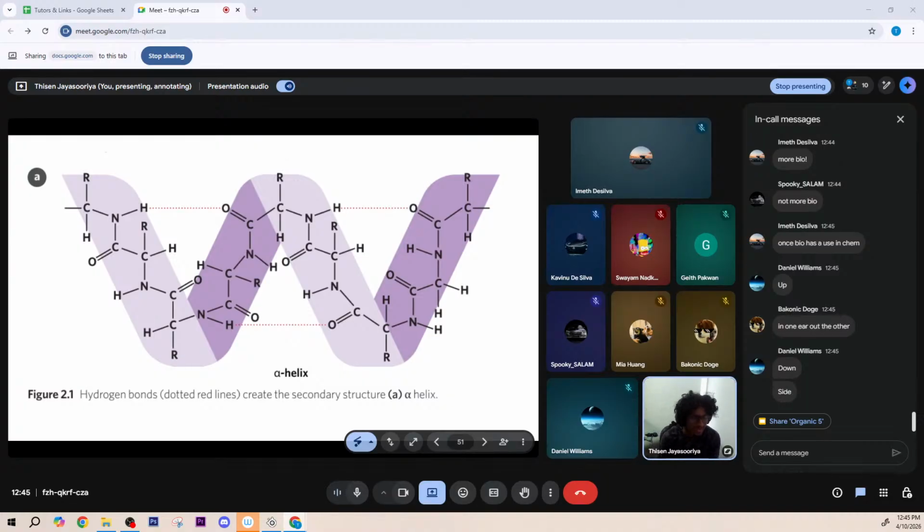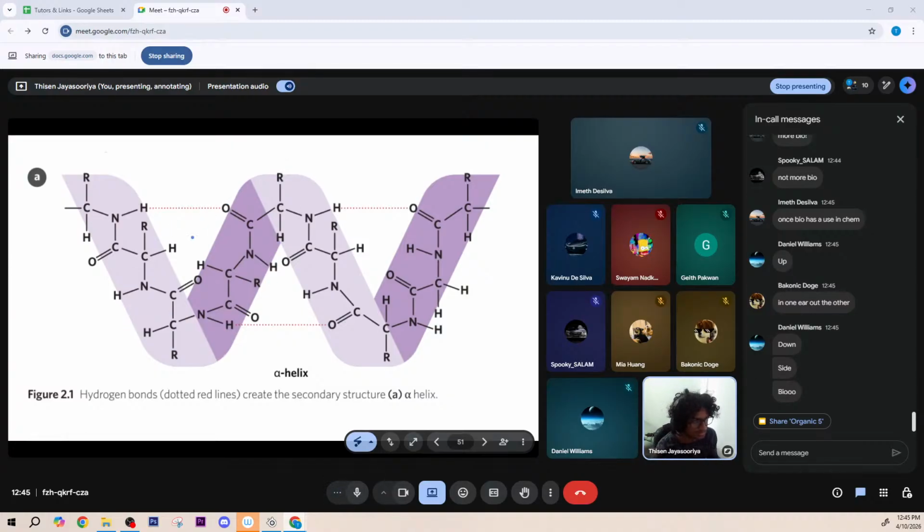So, here we have the secondary structure. The secondary structure of a protein is made up of hydrogen bonds inside the actual amino acid. Yeah? So here, on the main chain of that amino acid, yeah, it's gonna have its amide NH bonded to another amide linkage through a hydrogen bond.